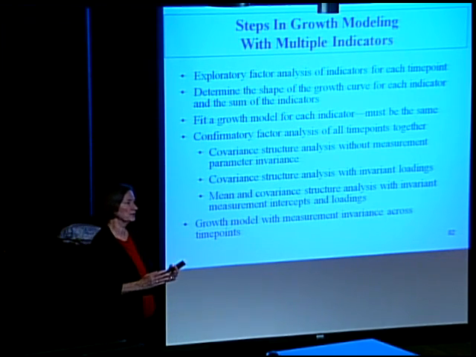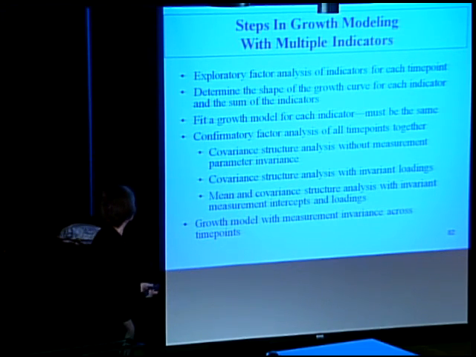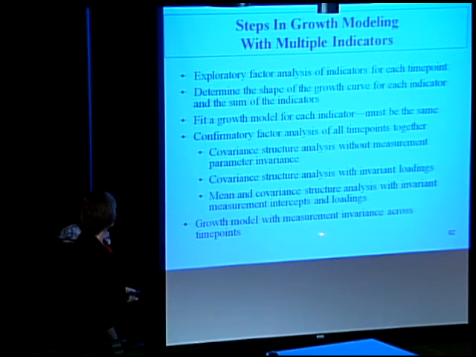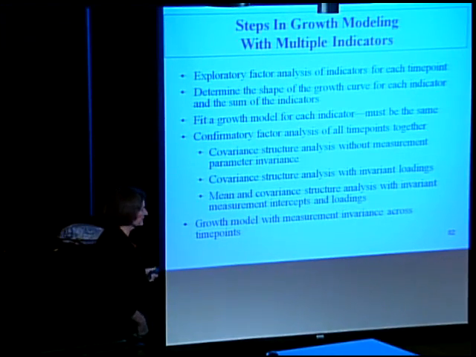If you establish that you have measurement invariance across time, and that in fact the latent variables at all the time points actually represent the same thing, then you can do the growth model with the measurement invariance in place. So once you establish measurement invariance, you hold those parameters equal in the next parts of the analysis. So this is what you would do.